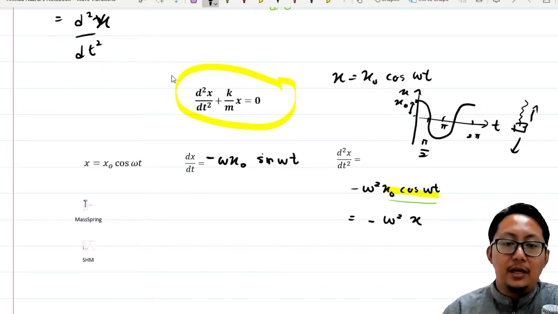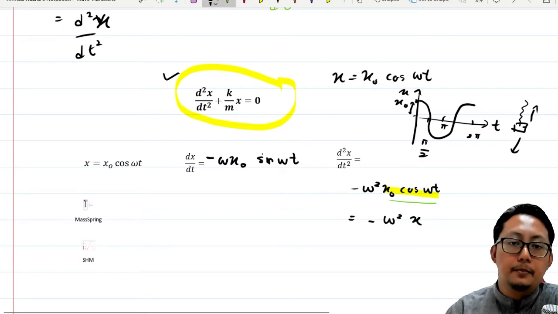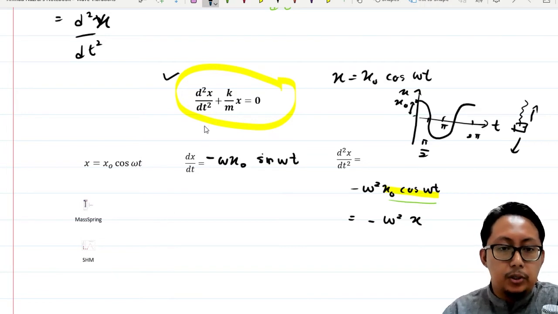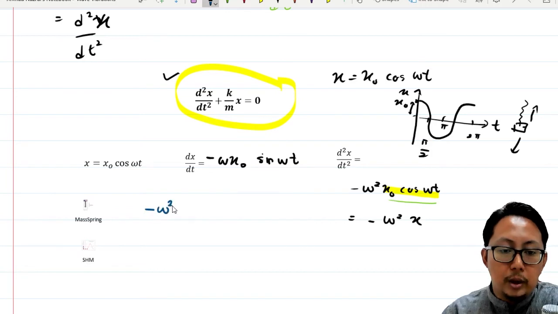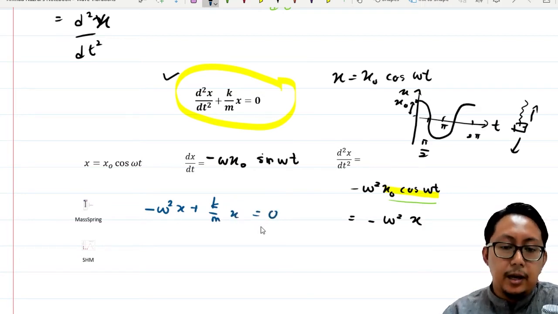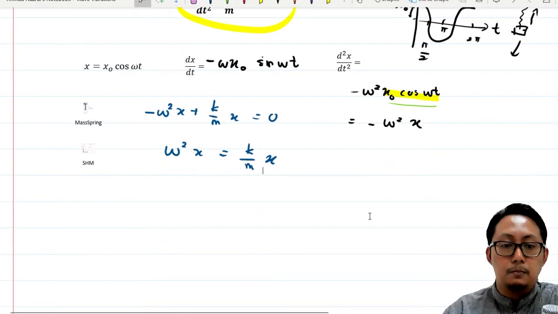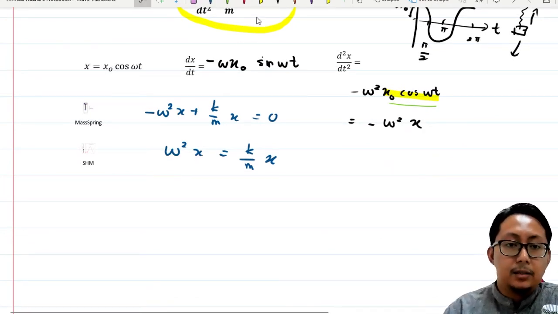And then we put everything into this equation. So d square x over dt square is equal to minus omega square x, and then we add k over m x, equal to 0. We bring this to the right and rearrange, so we have omega square x equal to k over m x. Because x is the same on both sides, we can cancel it.